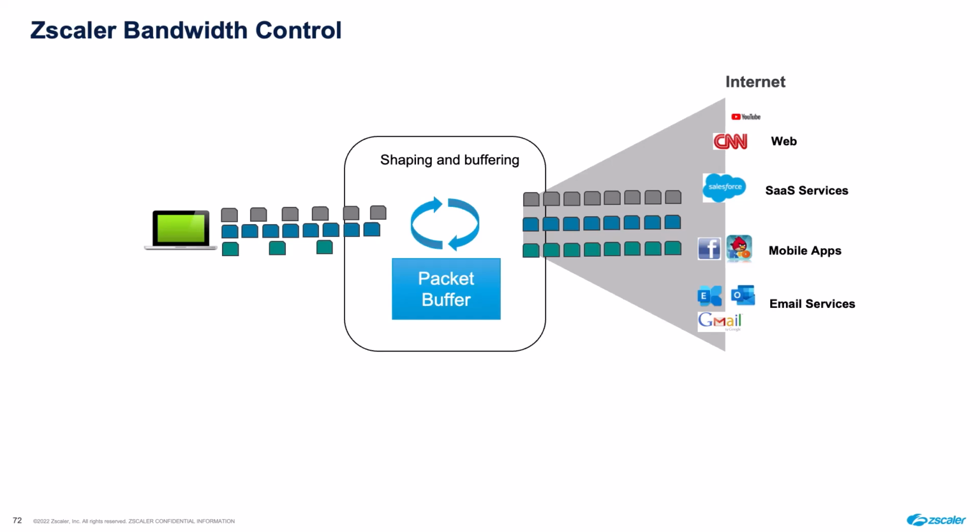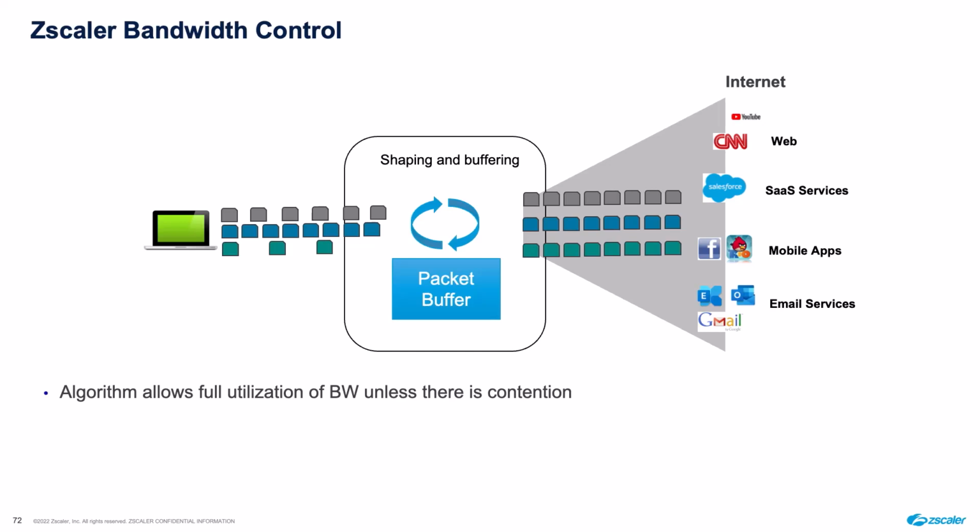The same internet connectivity is leveraged for accessing social media applications, online gaming, and also for connecting to Microsoft 365 types of services like Exchange Online, Outlook Online, and even Gmail, OneDrive, and other services. So what Zscaler does is it uses a fine-tuned algorithm which allows the full utilization of bandwidth unless there is a contention.